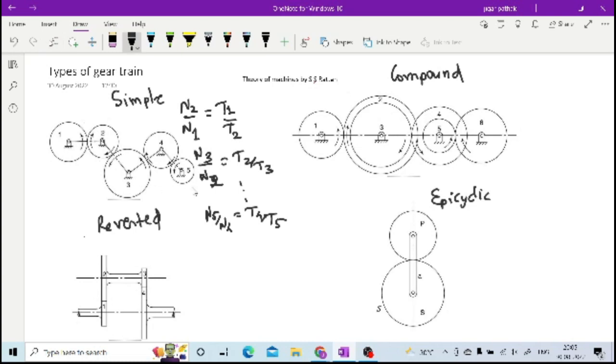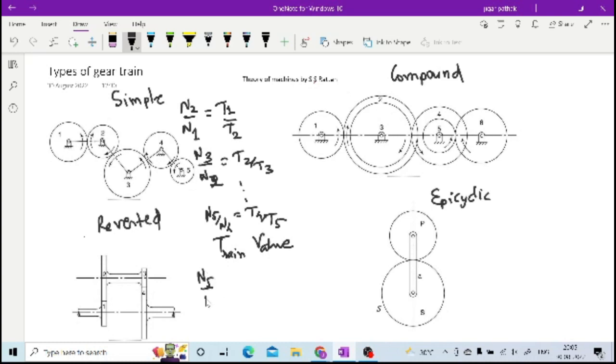So now let us focus on the important aspect of these gear trains, right? In order to calculate the train value, you can go by whatever number of power transmissions has taken place.